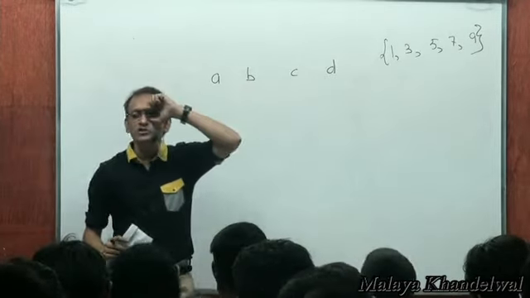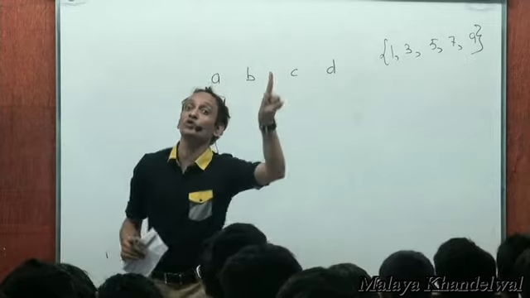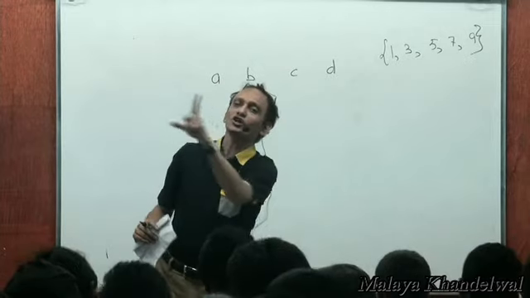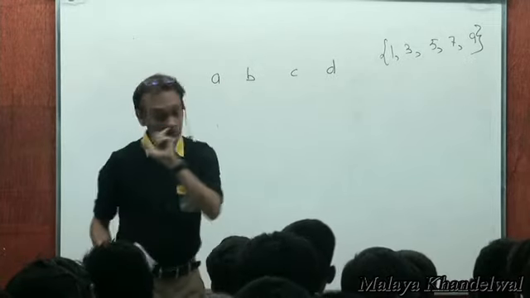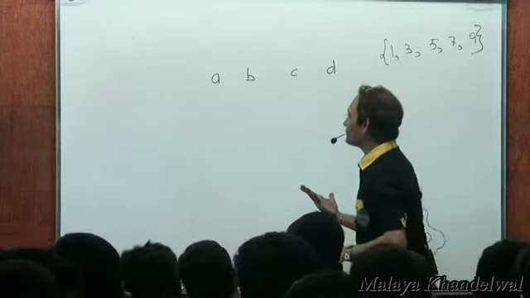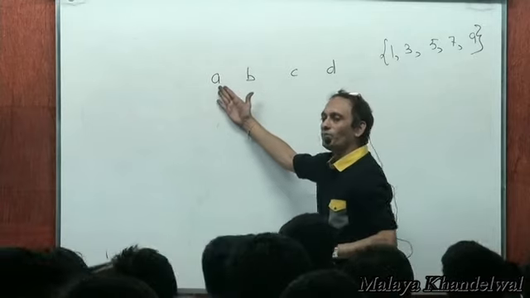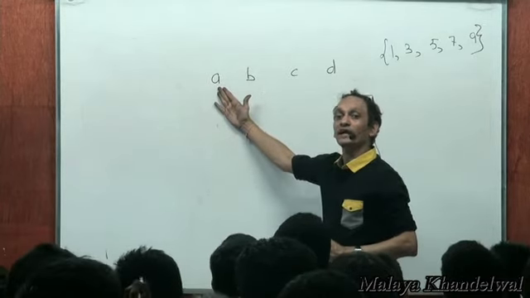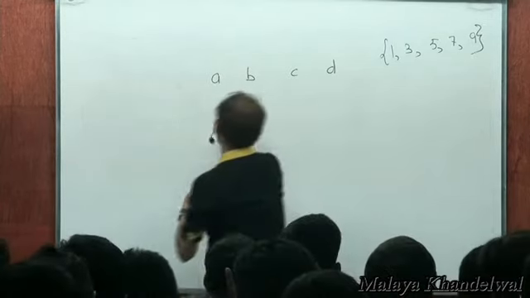Odd looking natural numbers would be those in which all digits are odd. Now, in how many ways can I deal with A? 5 ways.